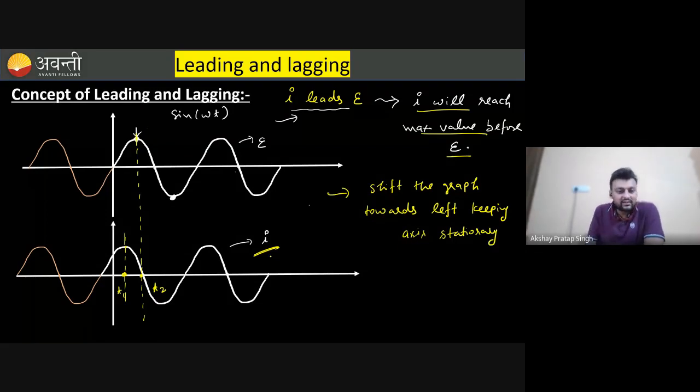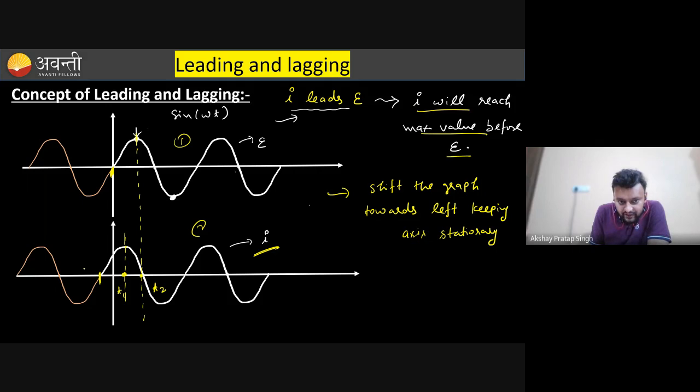Now look at what I was saying. Can you see that this graph was the original graph? Now I want to make a graph which is leading the first one. This is the first one, this is the second one. So I am making a graph which is leading. What I did, can you notice that this point has shifted here? That means I have shifted the graph towards left, keeping the axis constant. You should remember this thing.